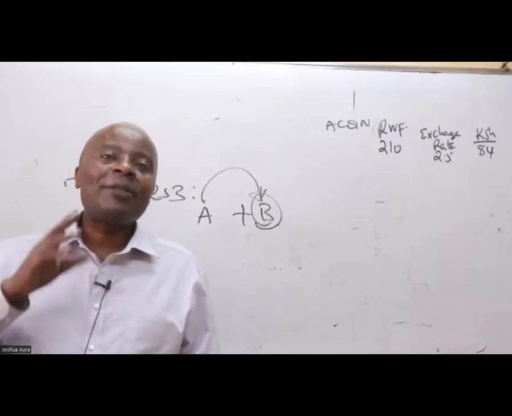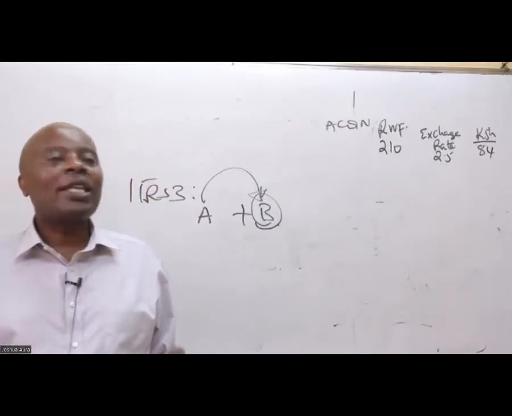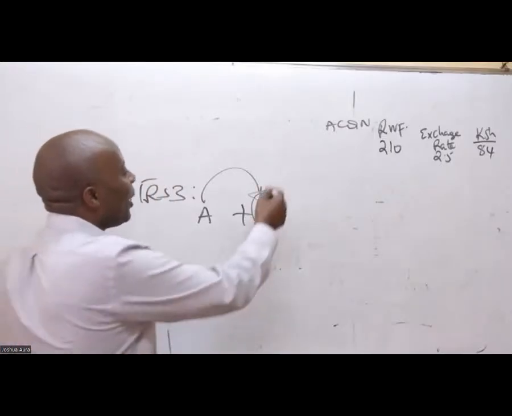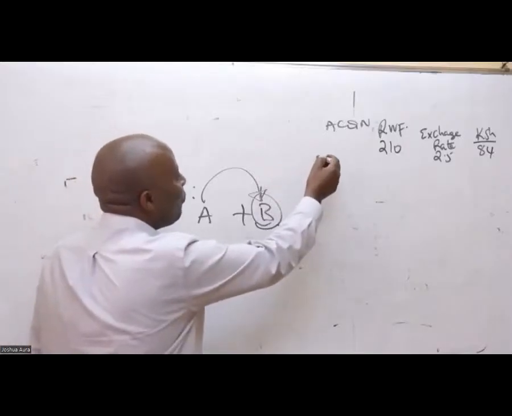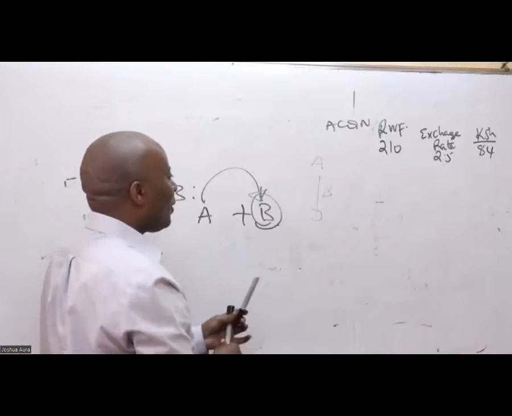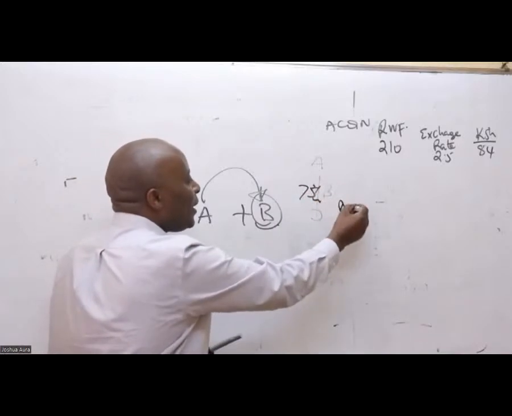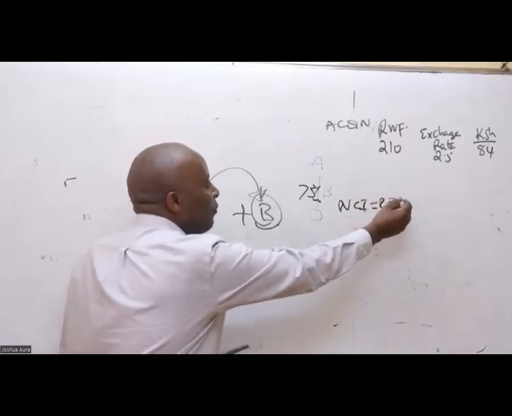Always, if I'm the one doing this IFRS, I cannot fail, because I'll even come and tell them, for example, if A owns 75% of B, so I'm giving them examples, NCI will be 25%.